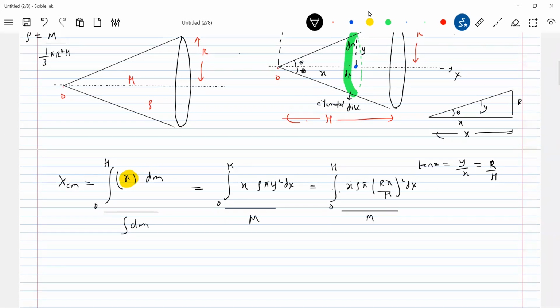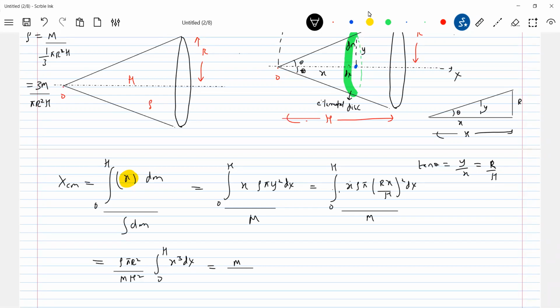Solving further, this should be equal to rho pi r square by m h square, which will come outside. So this will be the integral of x cube dx from 0 to h. Okay, let's substitute it all. Rho, what can you write it as? Rho is 3m by pi r square h.